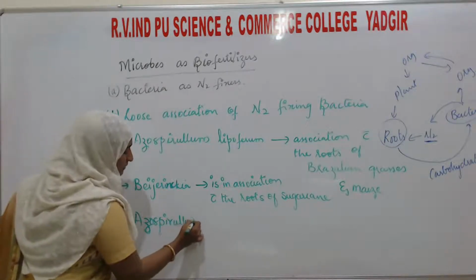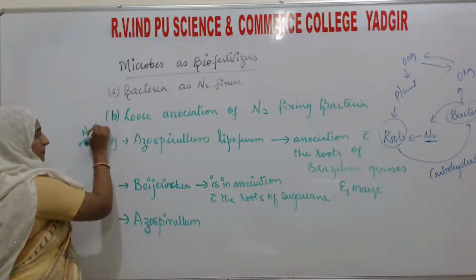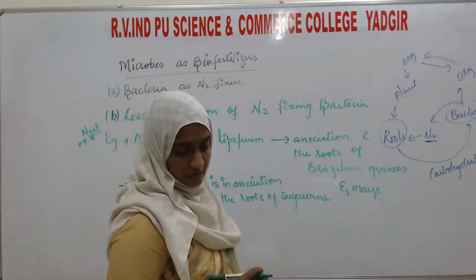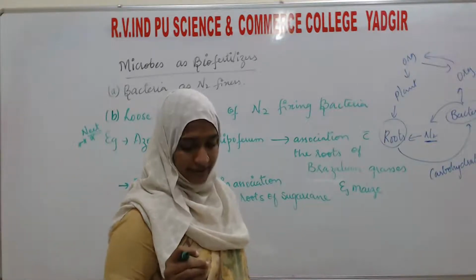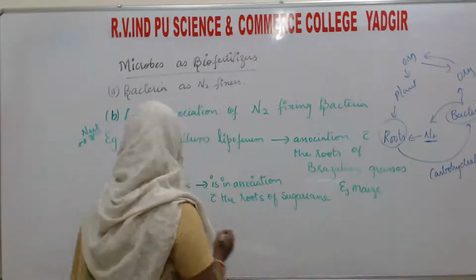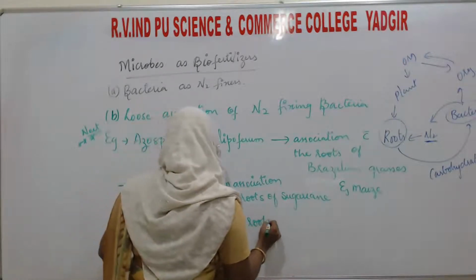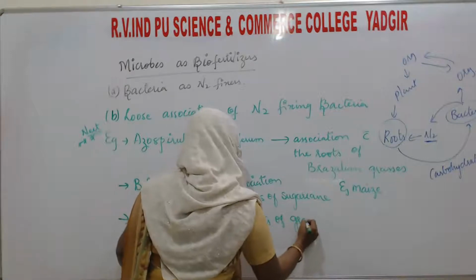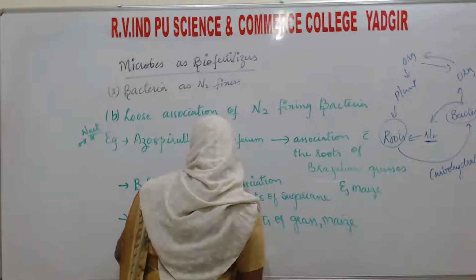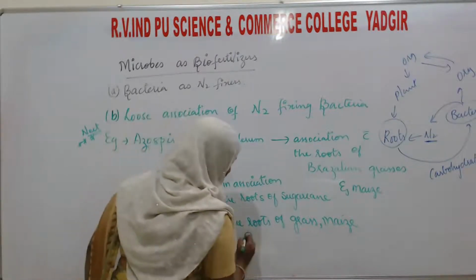Azospirillum. Like these points, it will be asked in your NEET exam. Okay, Azospirillum, which is a common strain of soil bacteria, is in association with the roots of grass, maize, rice, sorghum.